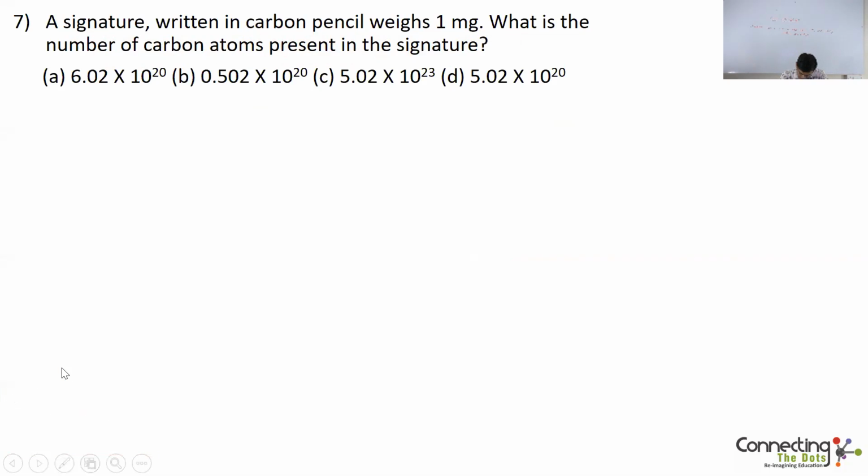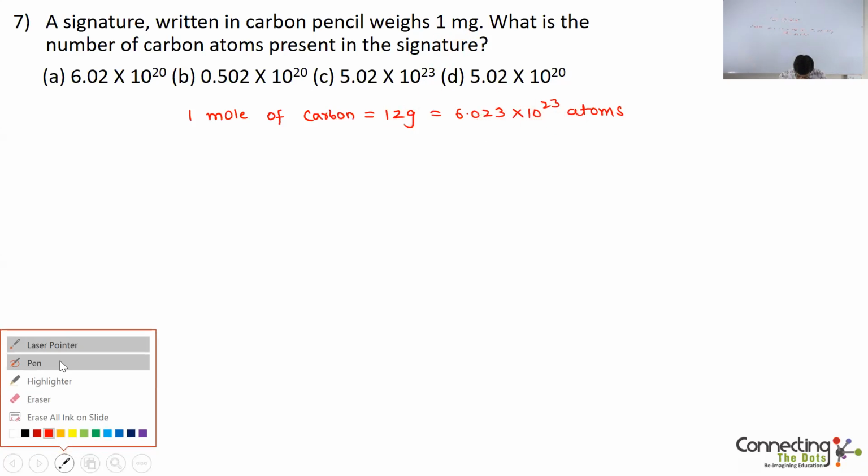So from this we can say that 1 mole of carbon is equal to its molecular weight, which is 12 grams. It is equivalent to 6.023 times 10 power 23 atoms of carbon. Because we are discussing an element, you have atoms. So these many atoms will constitute 12 grams. So 1 milligram will constitute how many atoms? That's the question.